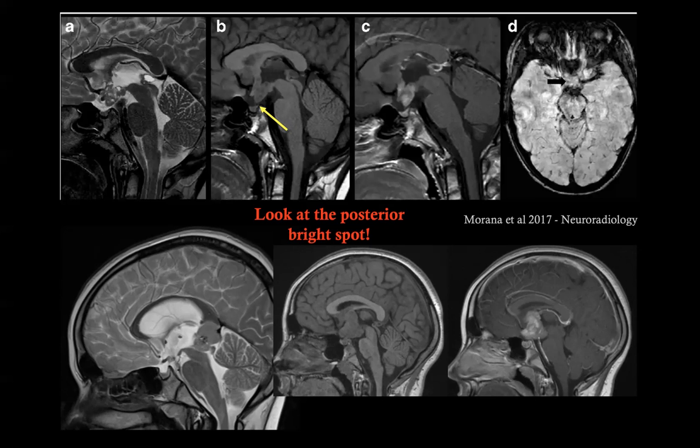Although when it's present alone without other symptoms, without diabetes insipidus, it can be just an incidental finding. So remember that you have this other thing to look at. Very, very important, although non specific.